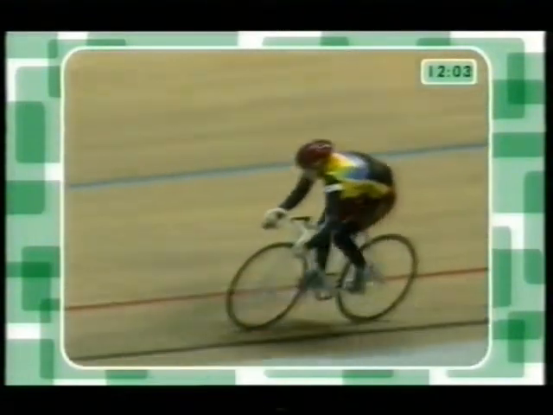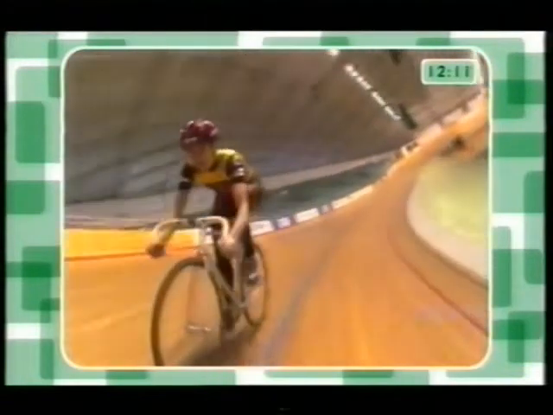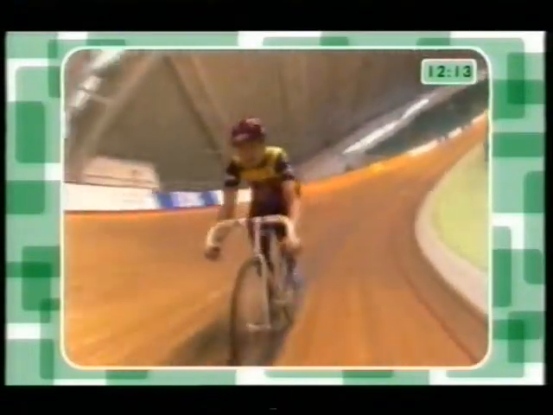But again, she doesn't just keep getting faster. That's because there's a small increase in friction in the bicycle parts and a big increase in the air resistance pushing backwards.